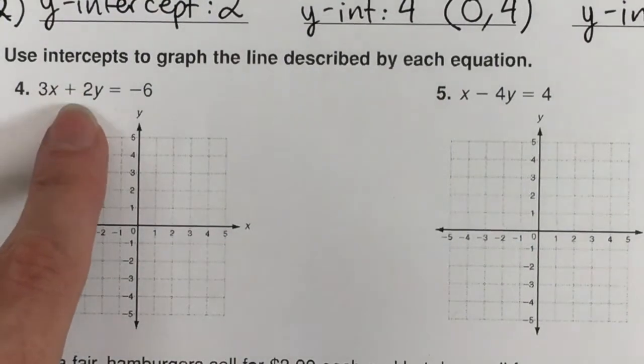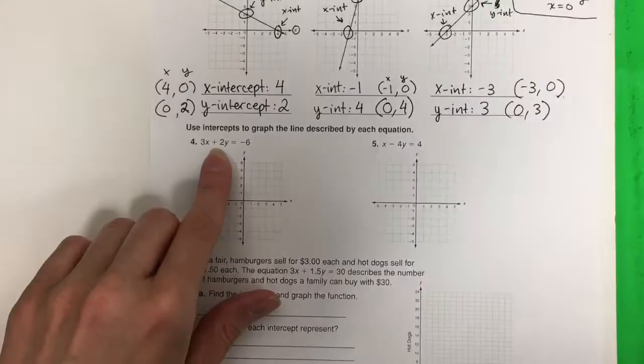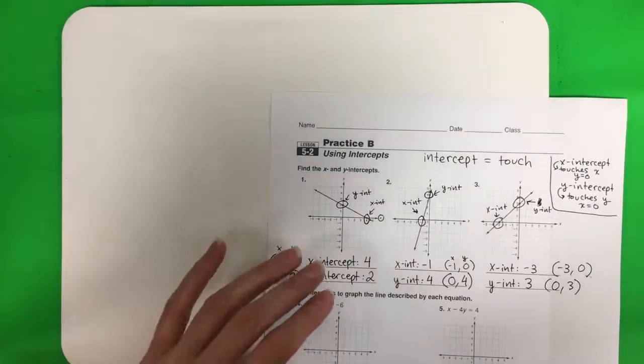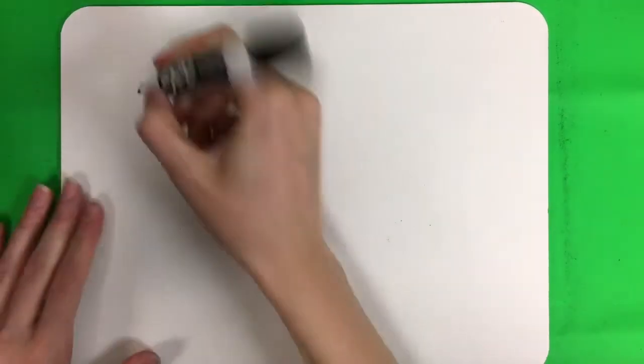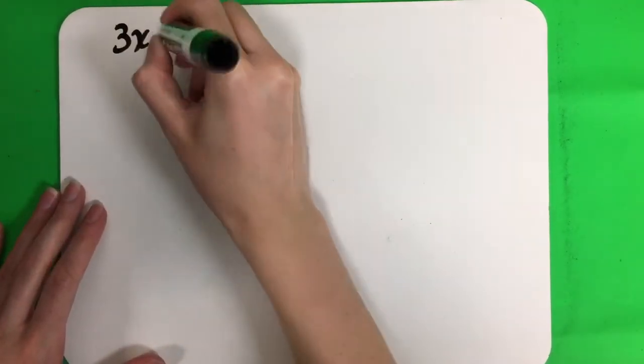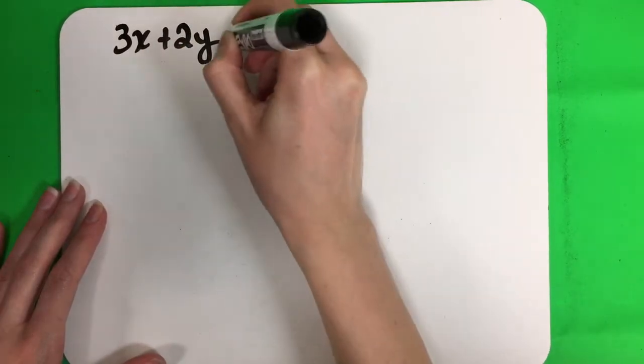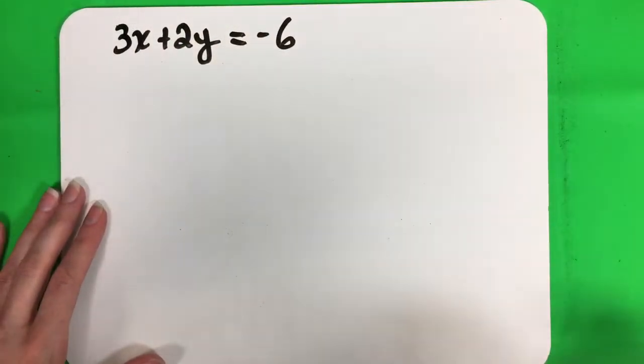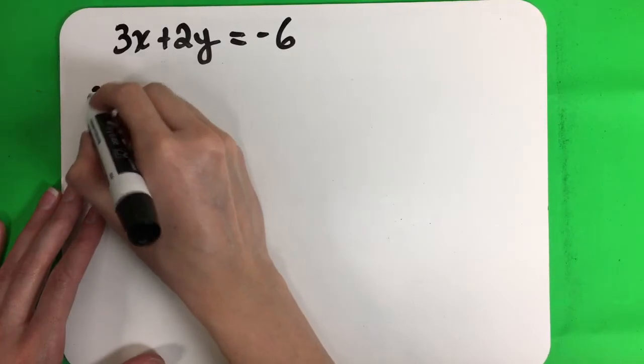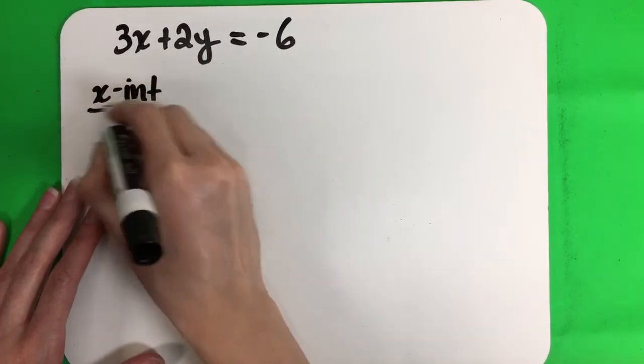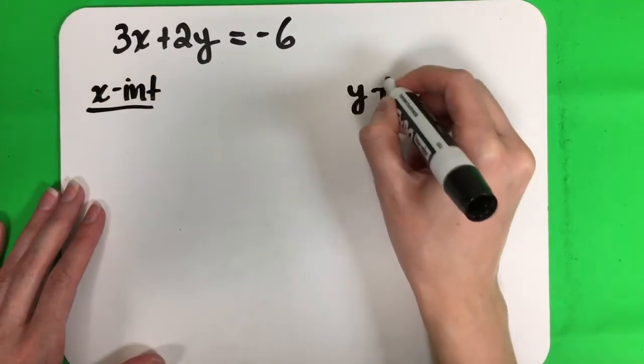So we're going to go ahead and copy this one down here so we can work on it. So I have 3x plus 2y equals -6. I need to find the x-intercept, and then I need to find the y-intercept.